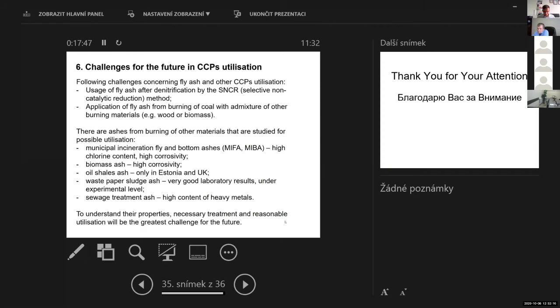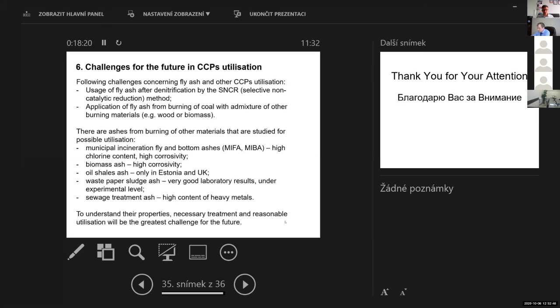And challenges for the future utilization of coal combustion products in the Czech Republic are, especially, the use of fly ash after denitrification, because the European directive said that the content of nitrogen oxide emissions should be reduced, and therefore the technology using ammonium was applied in power stations.